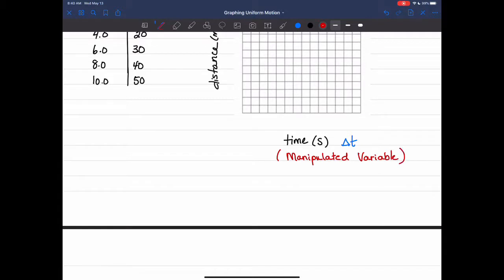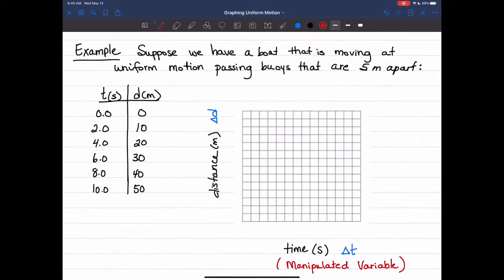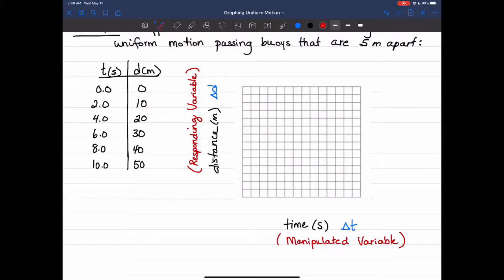As time passes, I'm expecting something to happen, and that something is I'm expecting the distance to change. So the distance is going to be the responding variable. We're going to throw in some scientific method in there as well. So we have the manipulated variable, time, and the responding variable, the distance being traveled.